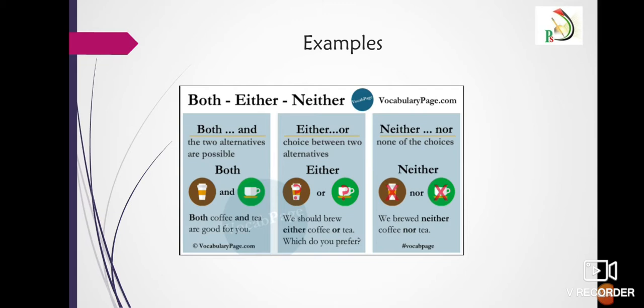Here we have either coffee or tea. We should go for either coffee or tea. Neither, none of them. Neither coffee nor tea. So both and, we are going for two things at the same time. Either or, between two things we have to make a choice. Neither nor, none. No choice.